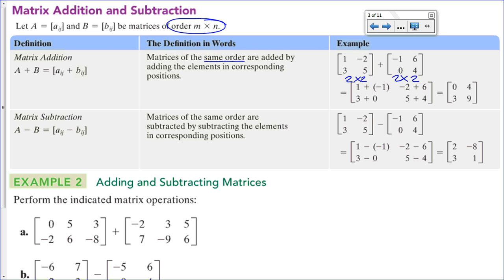And what you will do is you will either add or subtract the elements that have the same address or that share the corresponding positions. So what that means is that the element on first row, first column will be added, in this case, to the element on the first row, first column. And so what we have here is a definition. Those of you going into computer science, you might have to deal with things like this.